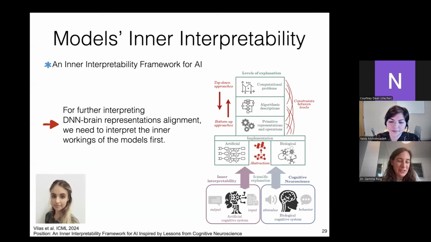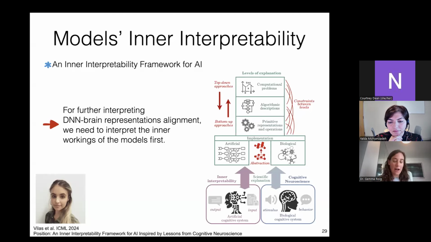But of course, doing such interpretability has been done in cognitive neuroscience for many years. So there are a lot of challenges that have already been addressed or discussed in the cognitive neuroscience community that we can bring back to how we interpret AI models, because it's also a very similar black box, with very different implementation approaches, of course.